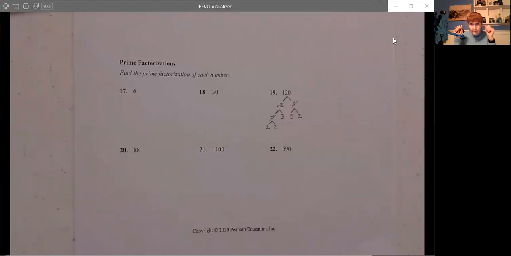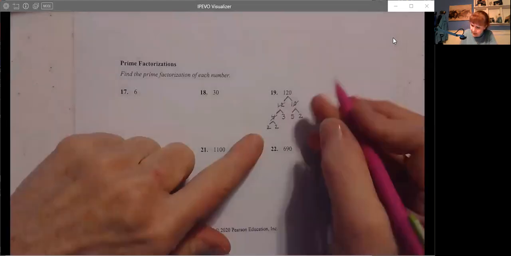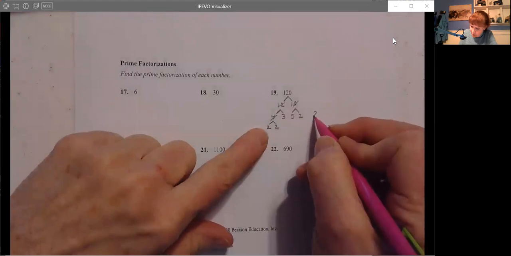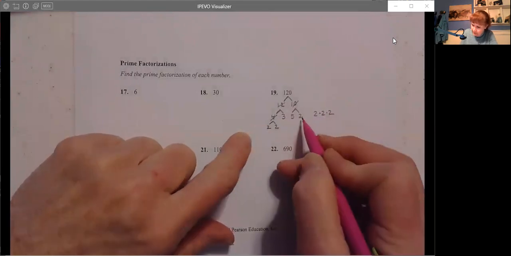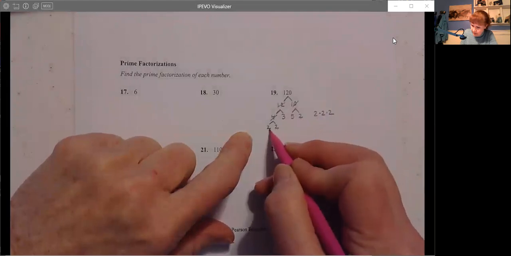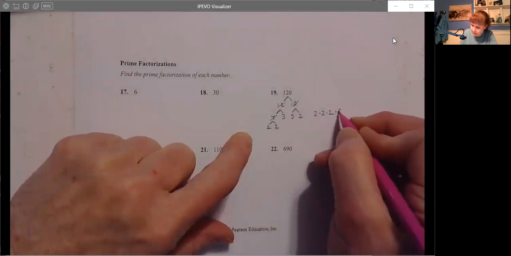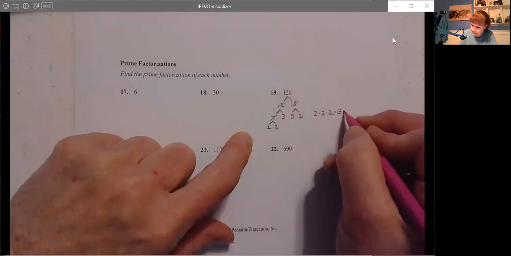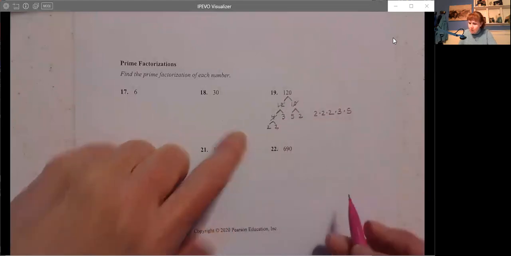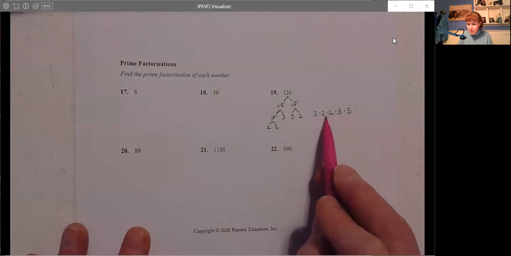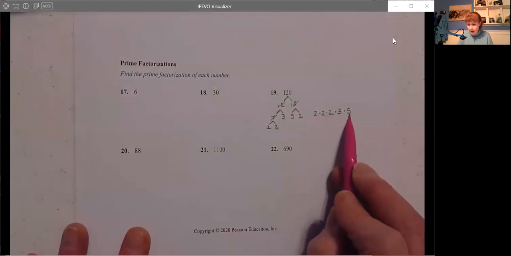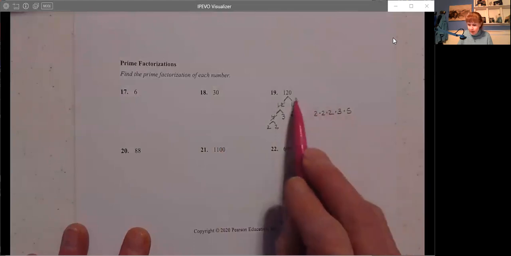So the prime factorization is 2 times 2 times 2. I have 3 of them. 1, 2, 3. I have a 3 and a 5. So you have factors that are all prime, and if you multiply these prime factors, you will get 120.